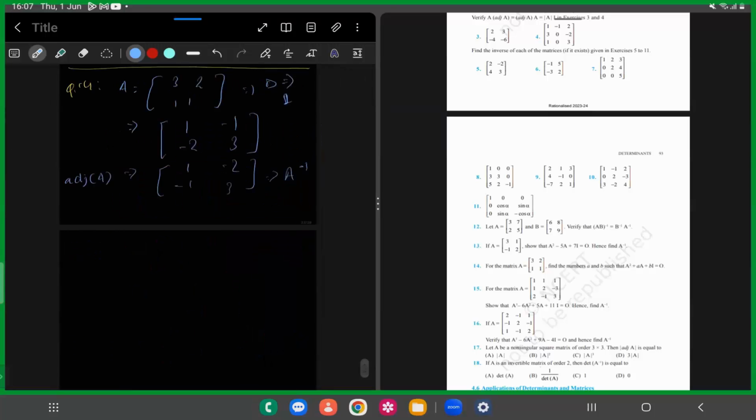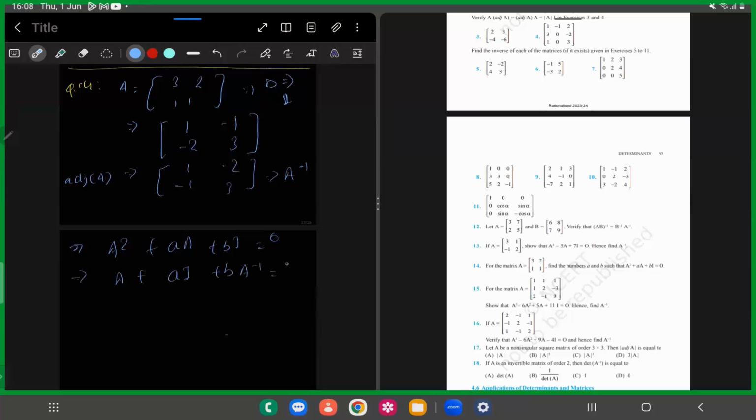From the given expression we have A square plus aA plus bI equal to 0. If I multiply with A inverse on both sides, I get A plus aI plus b times A inverse is equal to 0.